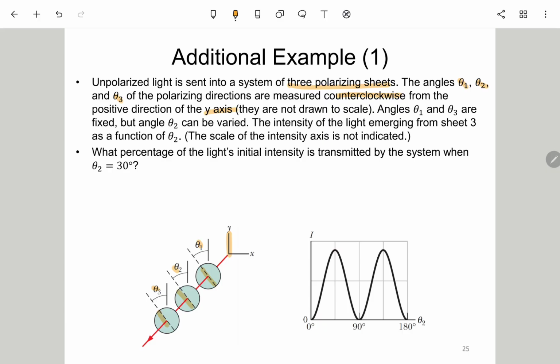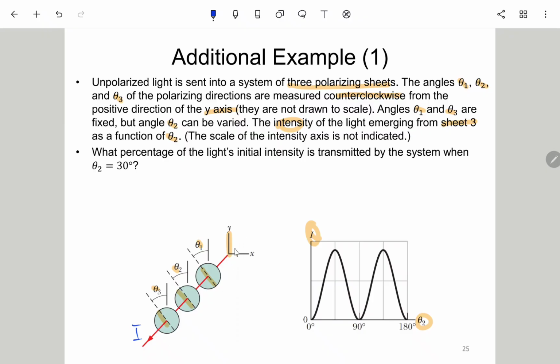The angles theta 1 and theta 3 are fixed, but theta 2 can be varied. We look at the intensity of the light emerging from sheet 3 as a function of theta 2. So this is I, the intensity at the output after going through the last sheet.